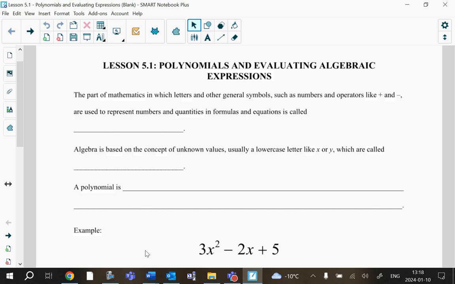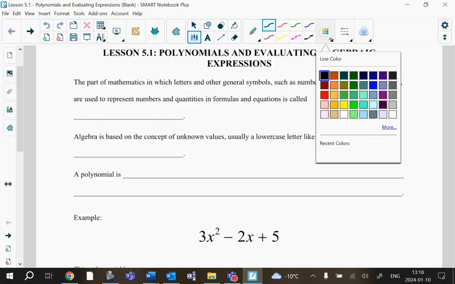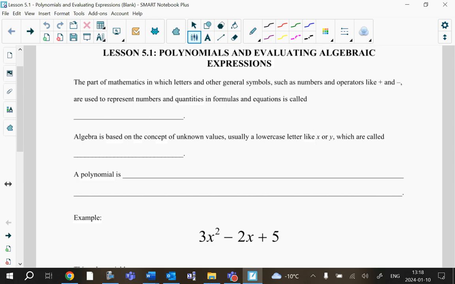Okay. So what is this algebra thing? Well, it's a big part of math, huge part of math, big part of what you're going to do in all 4 grades of high school math, where we use letters and we use operation symbols like plus signs, minus signs, division bars.